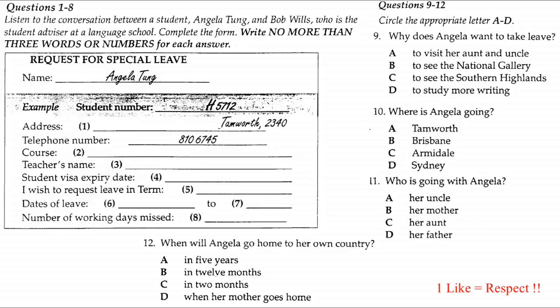Tell me your student number, please. It's H for Harry, 5712. H 5712. OK. What's your address, Angela? Angela's student number is H5712, so that has been written on the form.